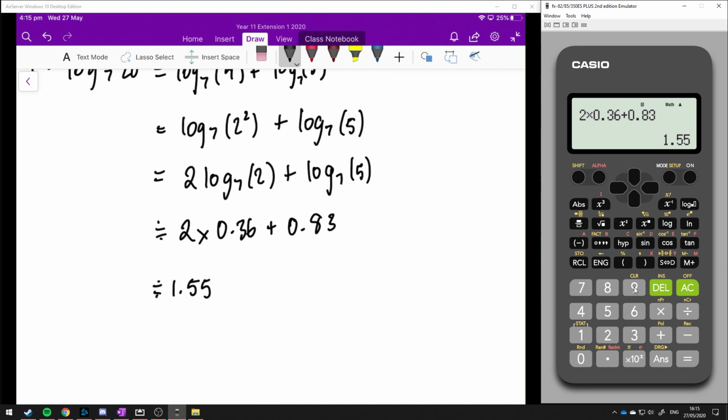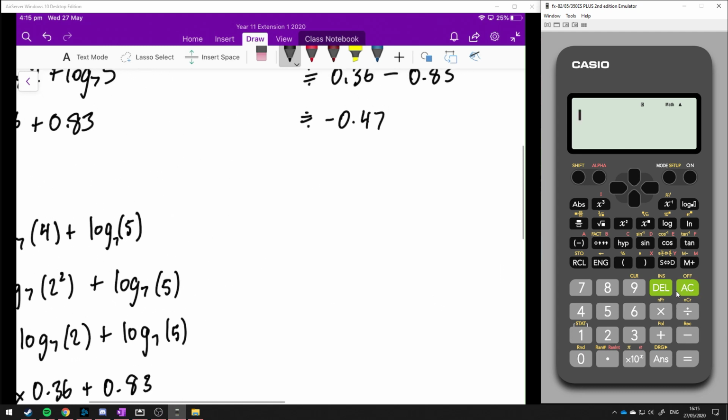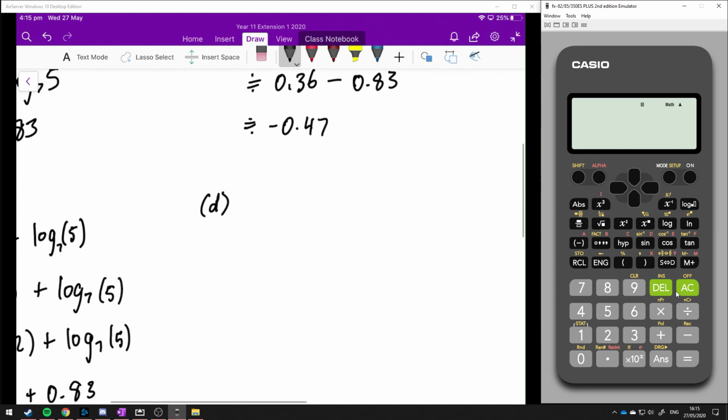So again, we're going to verify this one, so it should be log 7 of 20. And 1.54. Okay, so again, they're not going to be exact because these are approximations from the beginning, but it's a good way to get approximations down. Now let's do the last one, which is part D. Log 7 of 14.